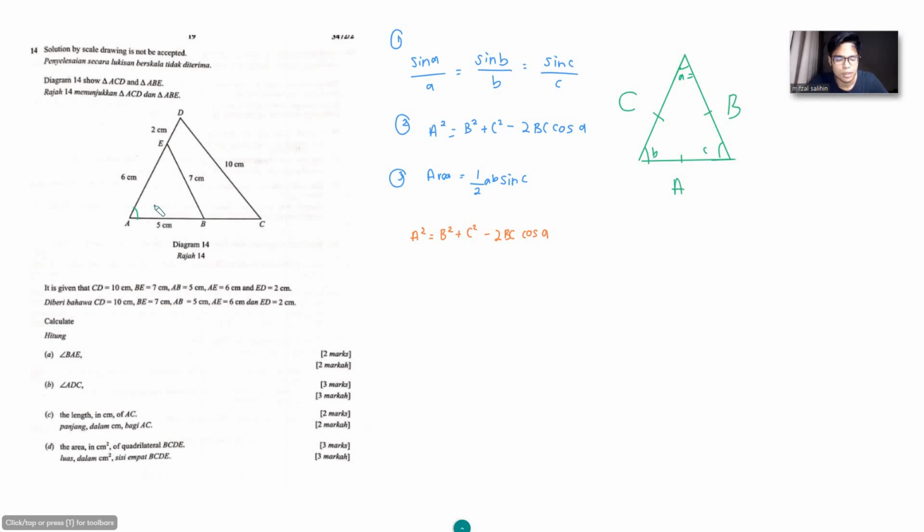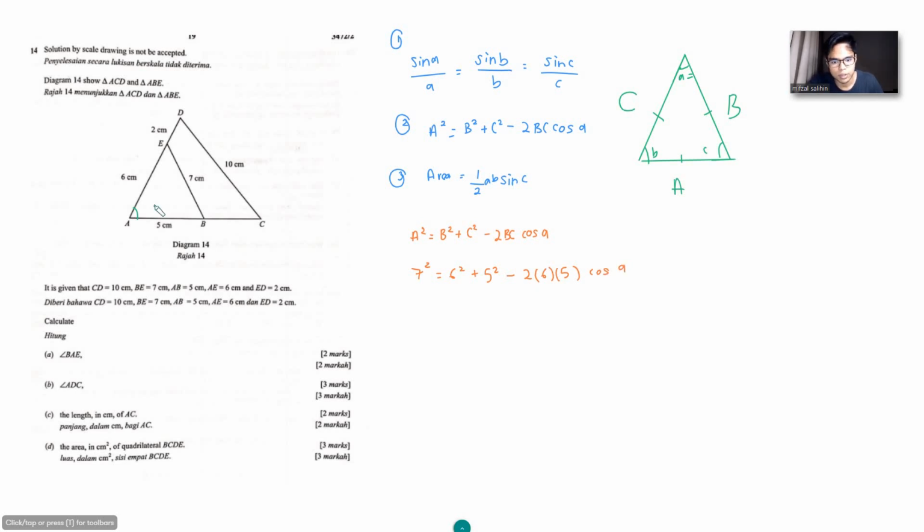Let's just input all the information. So 7 square is equivalent to 6 square plus 5 square minus 2 multiply 6 and 5 cos A.